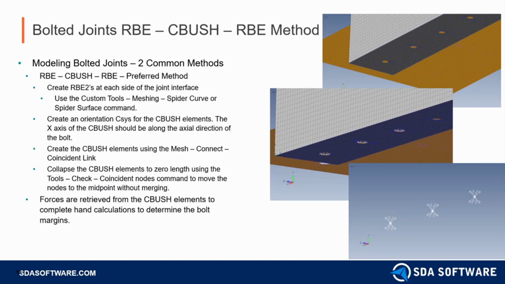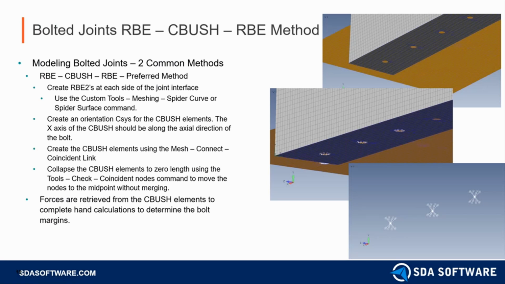And we're going to make these zero-length CBUSHs in the end, so they will require an orientation coordinate system. So this is an important step. And then we're going to create CBUSH elements automatically, and then we can collapse them. And again, this is something that can be done totally through the API.